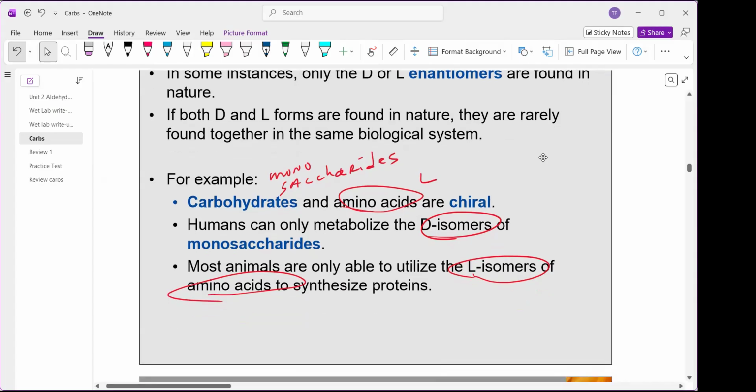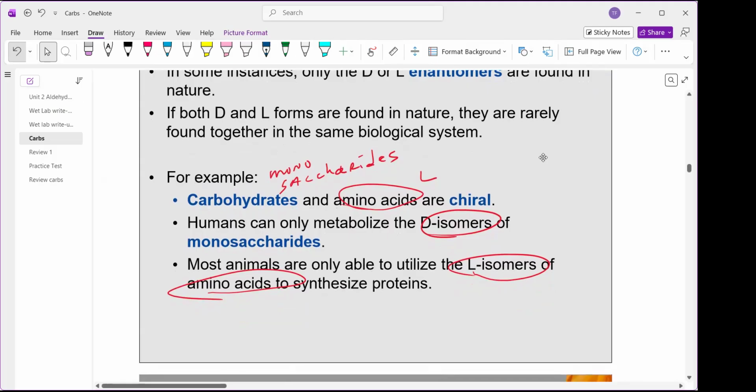Okay, so again, humans and mammals are looking at D isomers for carbs, L isomers for amino acids or protein.